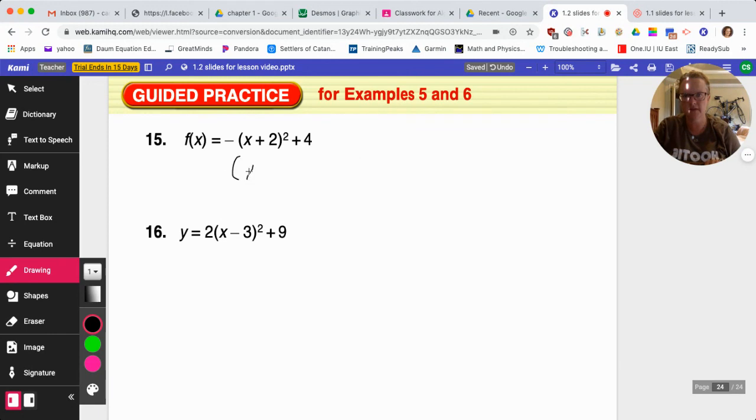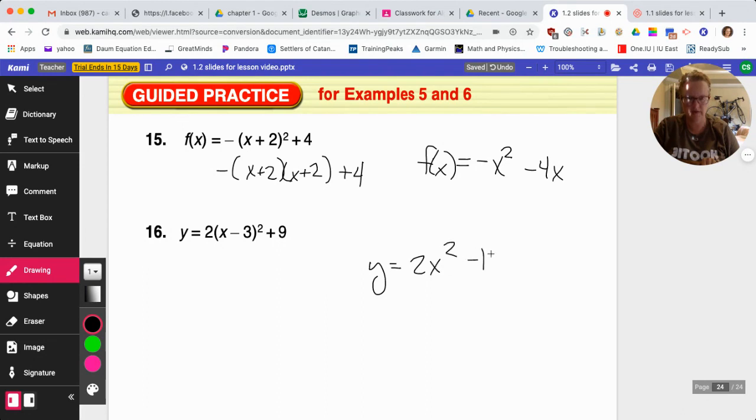Again, here I'm going to write x plus 2 twice, and then distribute the negative, and then add 4. There we go. And then the last one, y equals 2x squared minus 12x plus 27.